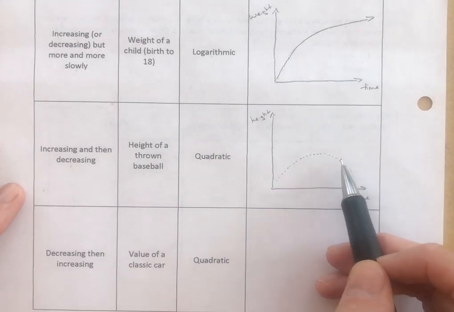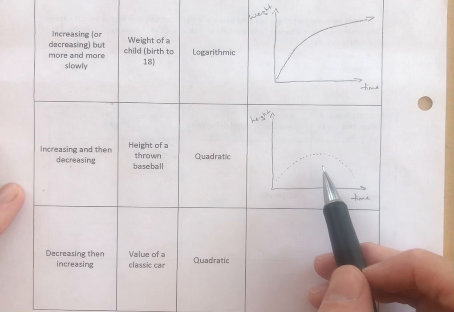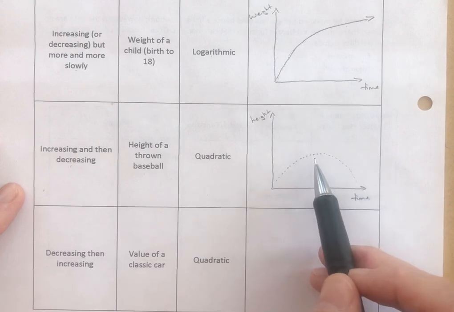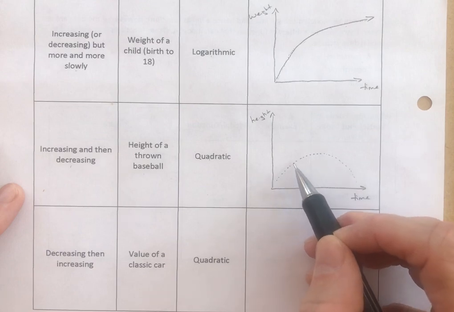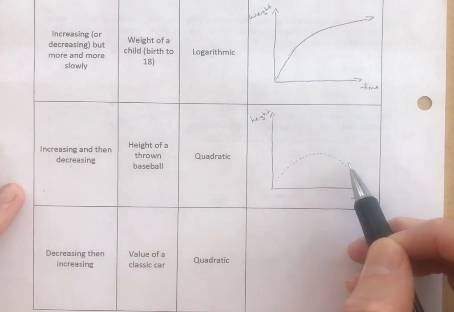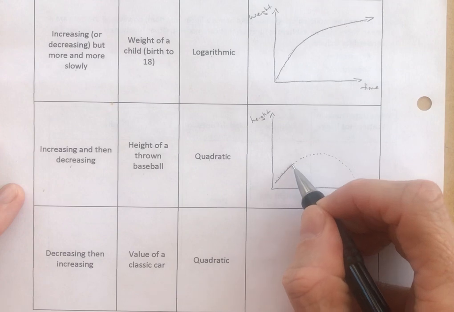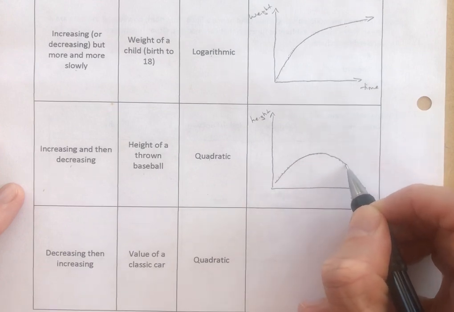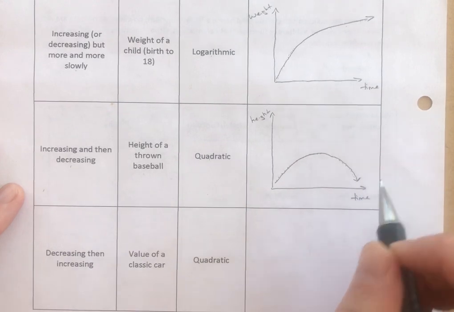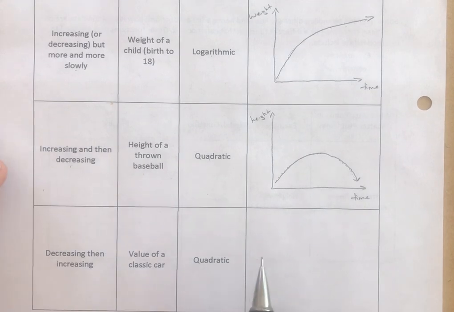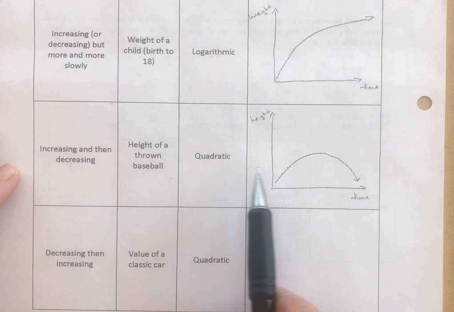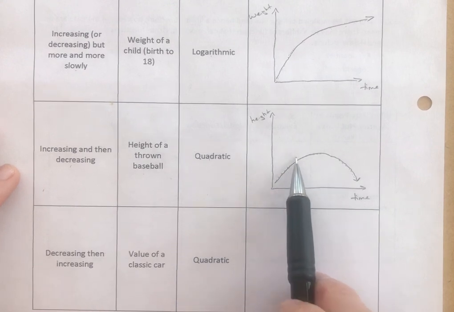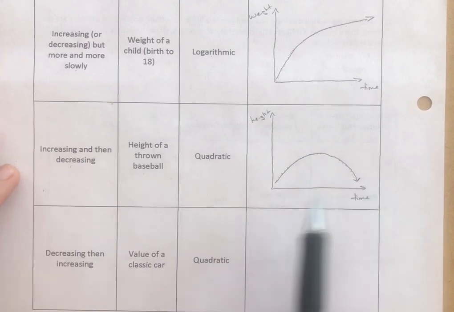This is also used for, if you think about the old cannons back in Revolutionary War or Civil War days, where the cannon was fired up in the air, it makes a parabola and then comes back down. So here is an increasing and then decreasing data set, okay, modeled best by a quadratic function, which can be increasing and then decreasing here, okay?